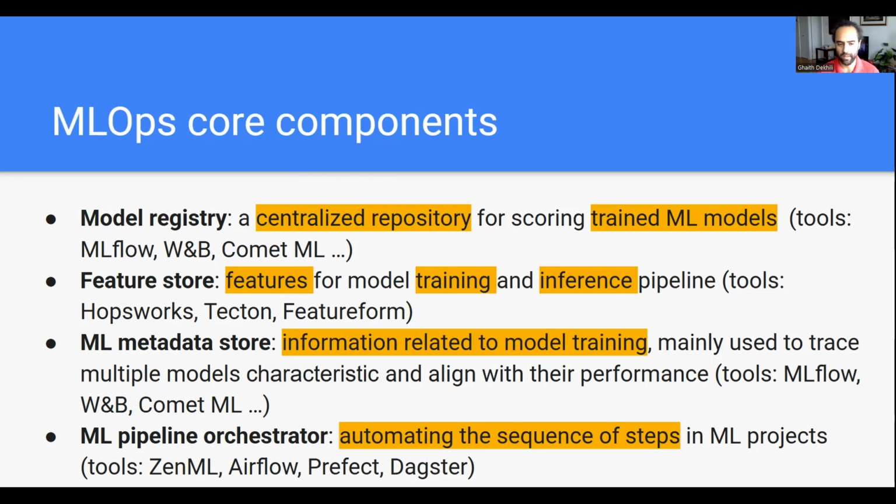Also, there is a metadata store, which stores information related to model training, and this is used to trace models' characteristics and better analyze their performance. Last but not least, we have what we call an orchestrator, which, as its name indicates, automates the sequence of steps in machine learning projects.